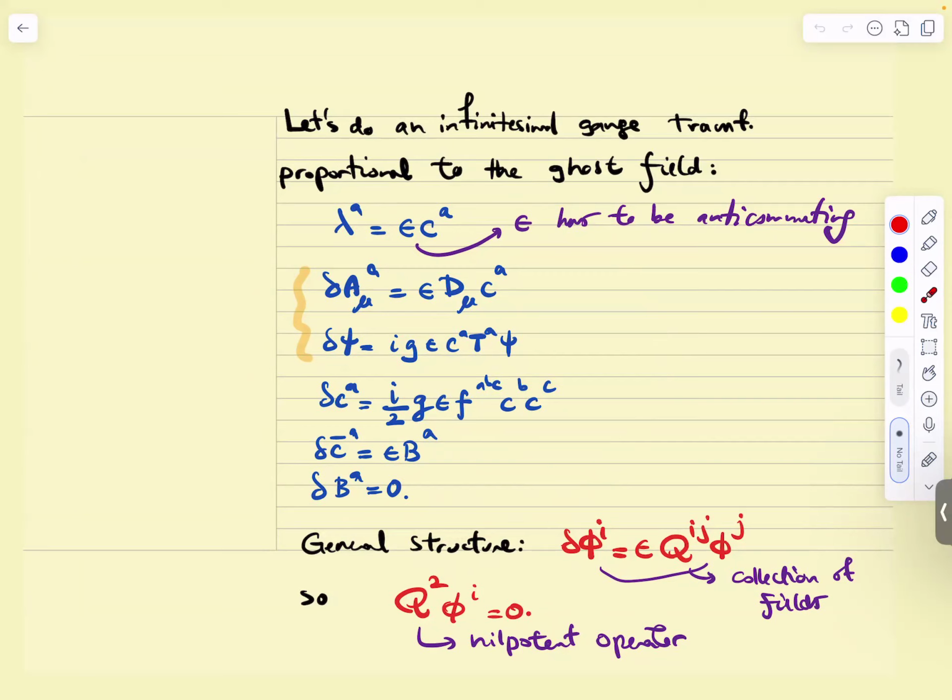First of all, one important thing to notice is that the general structure of this transformation is that any field you have is ε, some anti-commuting thing, times some matrix multiplied by other fields. So it's a linear transformation of your fields with an anti-commuting factor in front of it. The most important thing about this transformation is that it's nilpotent. The charge that generates this is nilpotent. Why is that?